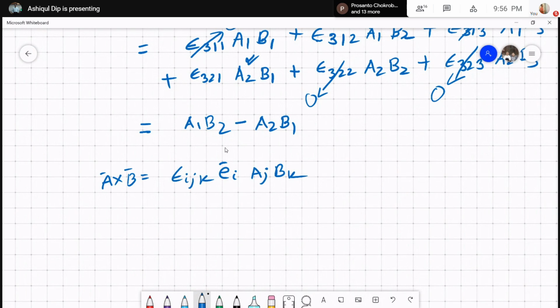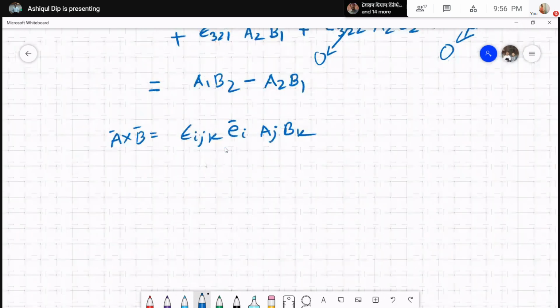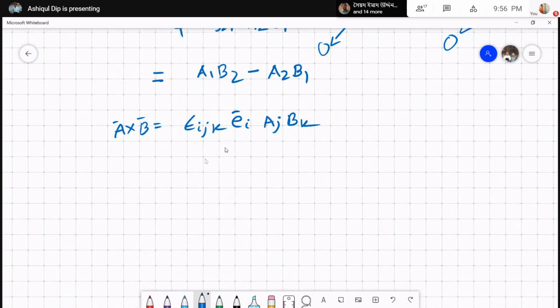So there are some interesting relations between this epsilon and the Kronecker delta we learned earlier. It's going to be helpful at a later time, particularly when we learn exterior calculus. It will be extremely helpful. So let's study some. Do it as your homework. You can prove this thing: epsilon ijk epsilon lmn.